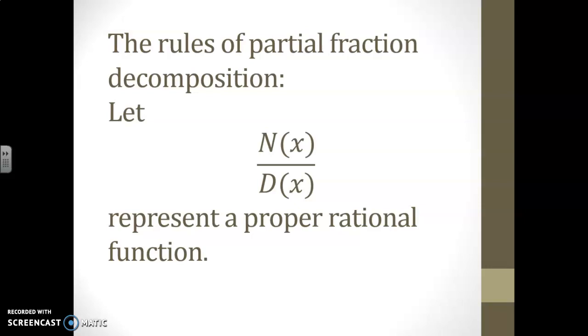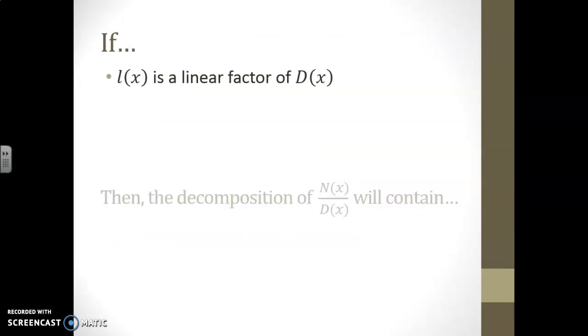If n of x and d of x represent polynomials that generate this rational function, then if L of x is a linear factor contained in the denominator, the decomposed version of n over d will contain a constant over that linear factor.